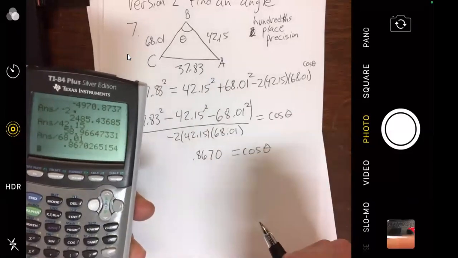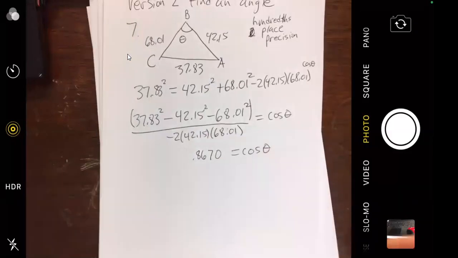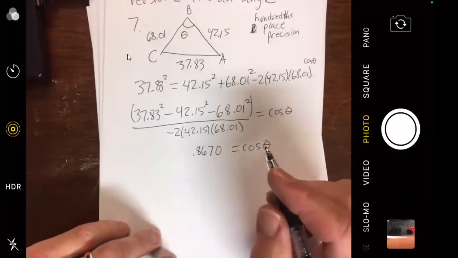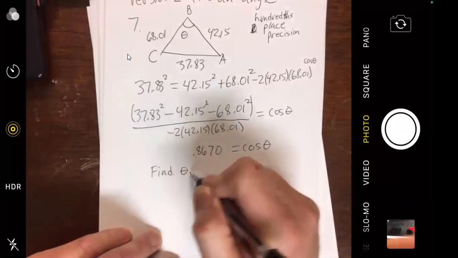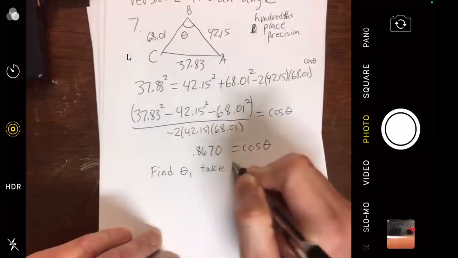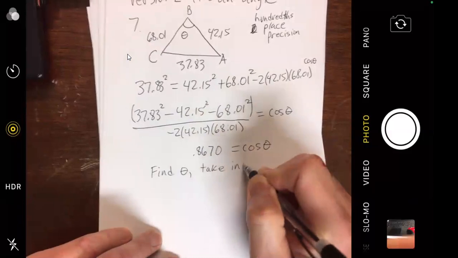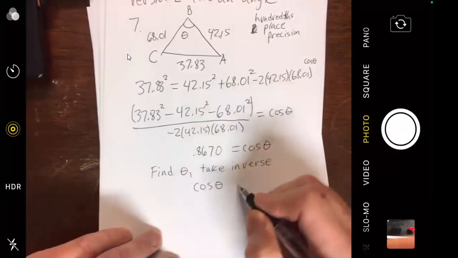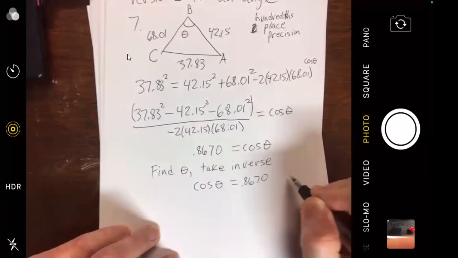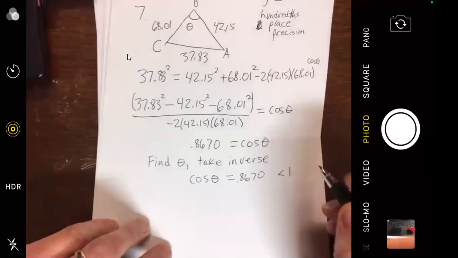All right, well, we did this a little bit in the earlier chapter to find theta. Take inverse. So I'll switch it up and show cosine theta is 0.8670. Notice it's less than 1 as it should be.